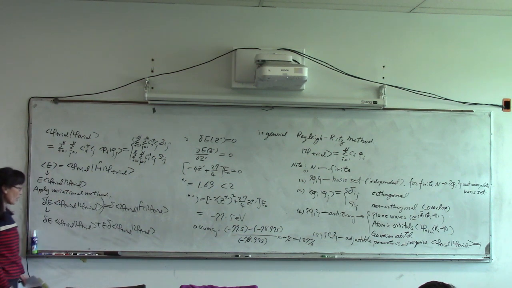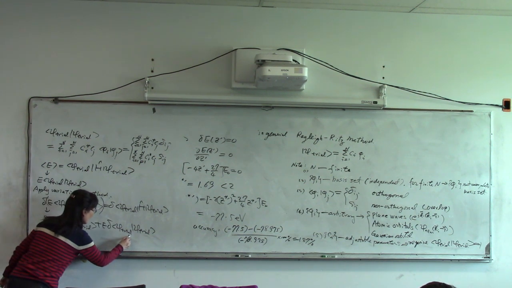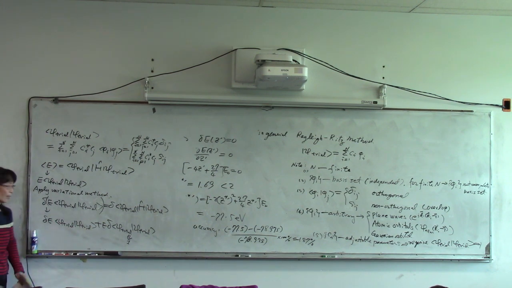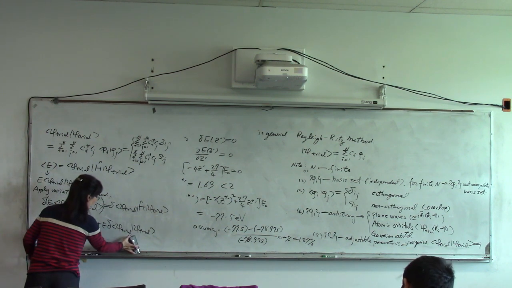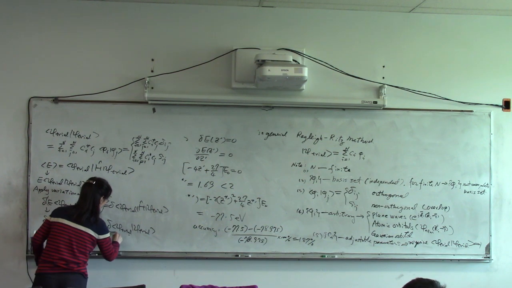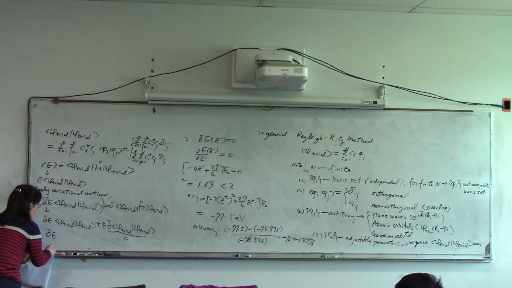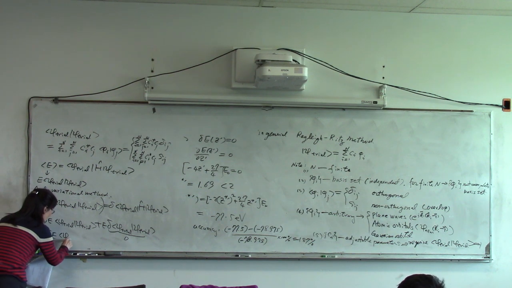And on the right-hand side, keep it. Since this is an integral, the variation is 0, right? So the left-hand side is only the variation of E.